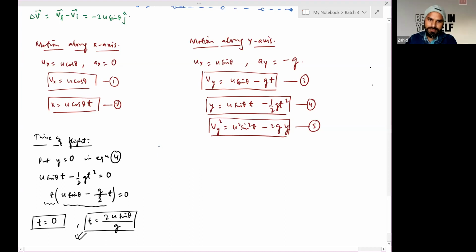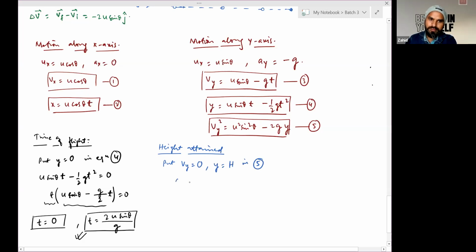Similarly, next is to define the maximum height attained by this projectile. Put Vy to be 0 at its highest point and y equals h in equation 5.